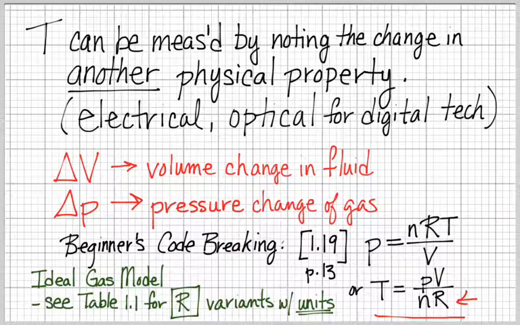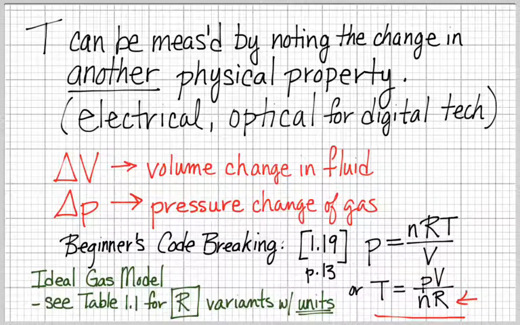If you refer on page 13 to equation 1.19, you'll see another writing of the ideal gas law. This is the ideal gas model, the equation of state for an ideal gas, where pressure is equal to nRT divided by volume, extensive volume.